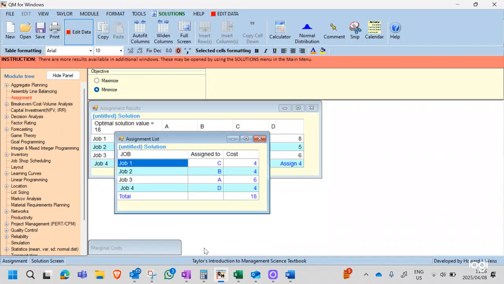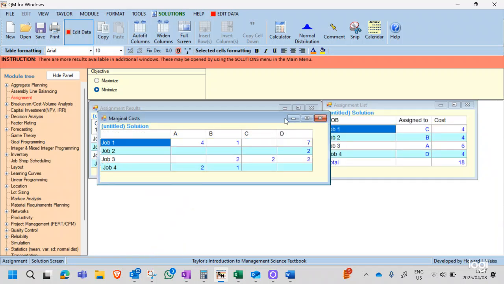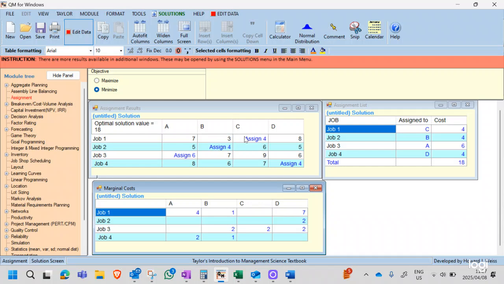So this one goes straight to the point. It will tell you that we need to assign at C, at B, at A, at D. So this is how you assign. And then C, B, A, D. Then you take those original values and sum them up. Understand? So it just goes straight to the answer.